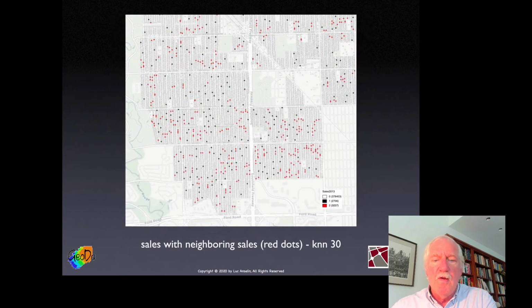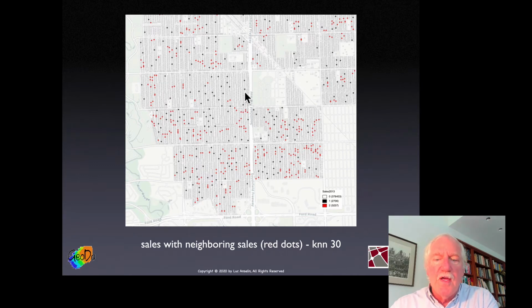So first of all, all these little circles are the parcels. The black dots and the red dots are parcels with sales. The red dots are parcels with sales that also have sales in a KNN with 30 nearest neighbors surrounding, which basically corresponds to a little more than a block for Detroit.